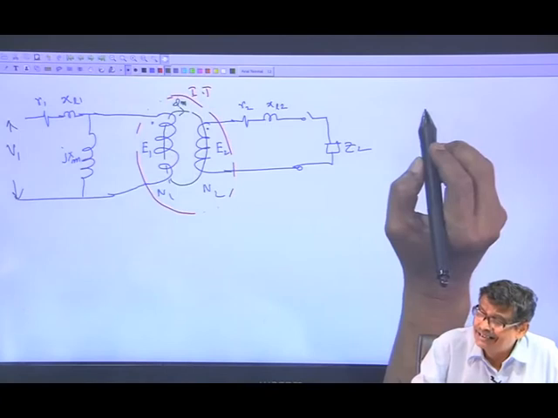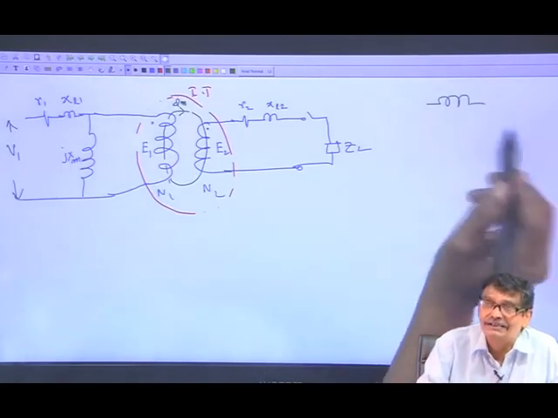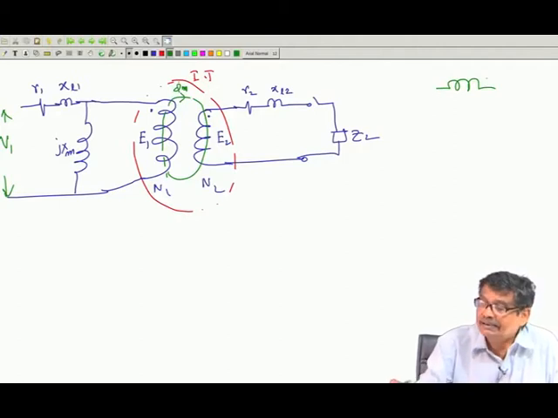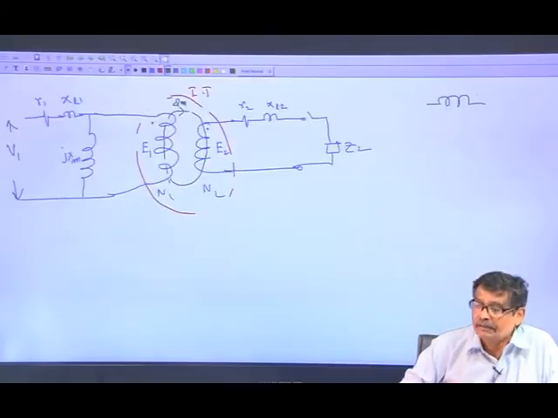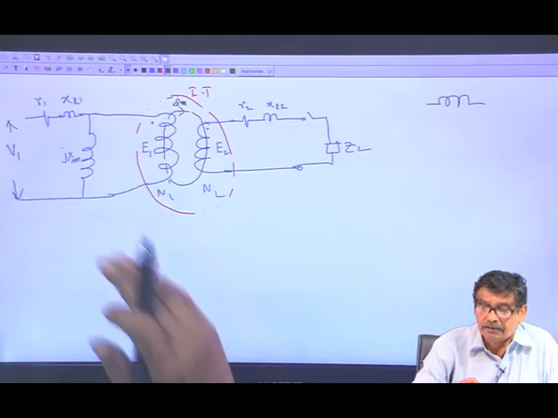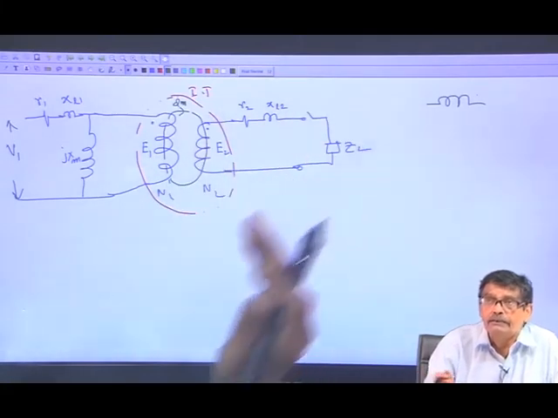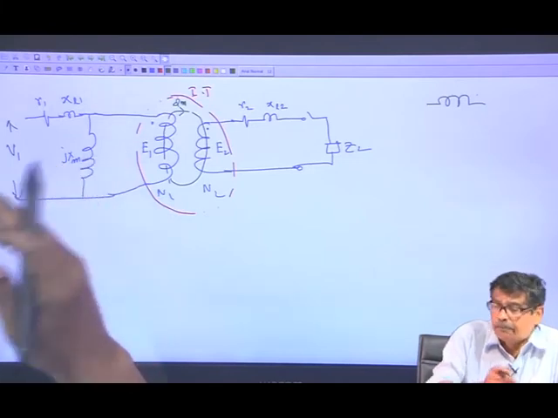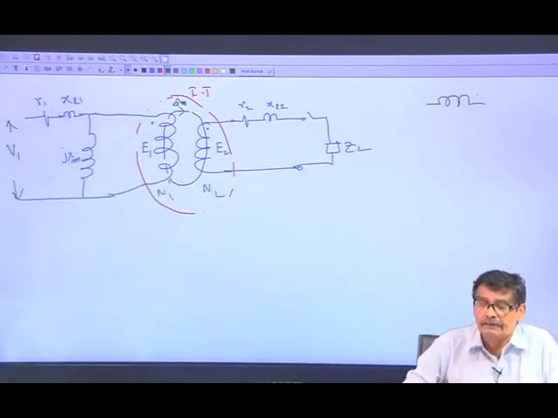As in any inductance, whatever the flux is, that is the drop here, and it is not mutually coupling to another coil. Therefore, there is no energy transfer because of X L 1 from the primary to the secondary side.